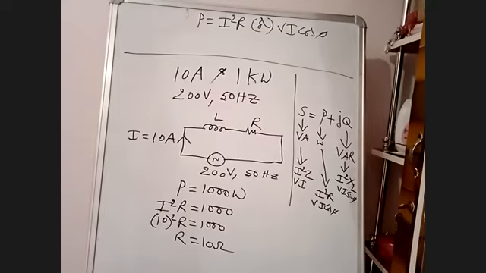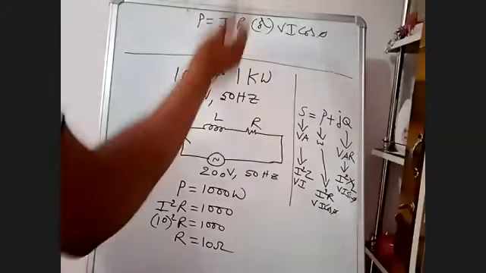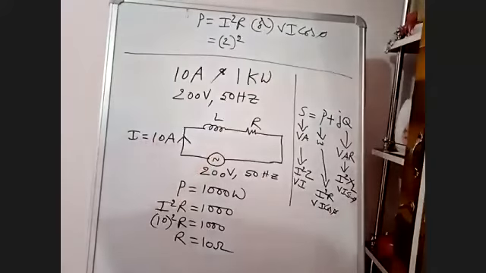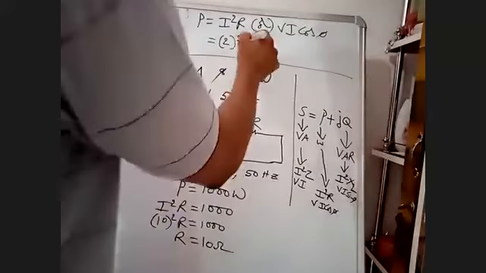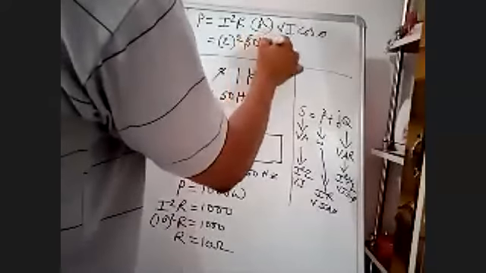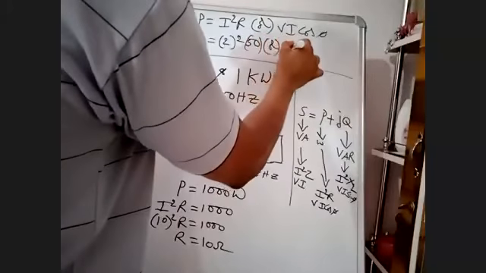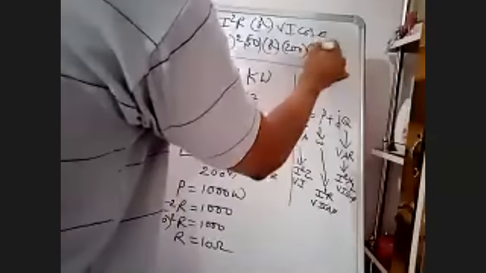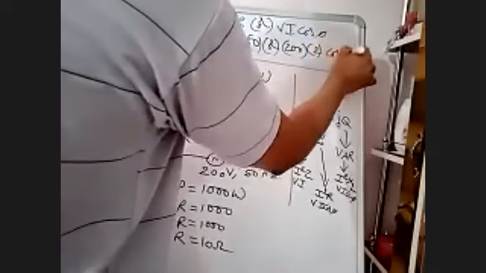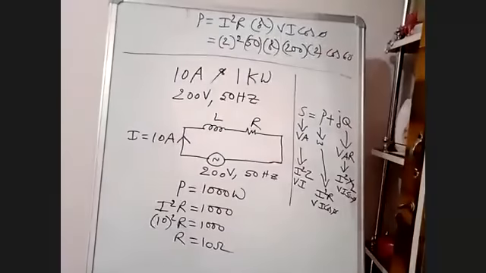In the previous problem, we had to determine P. So use any formula: I square R or VI cos phi. In the previous problem, what is I? 2. What is R? We have determined 50. Or V is 200, I is 2, cos 60. We can use any formula.